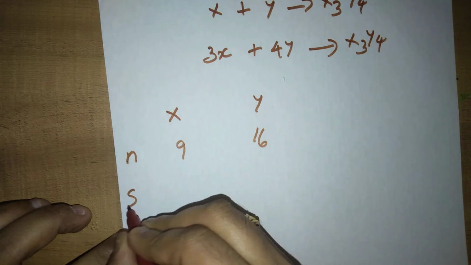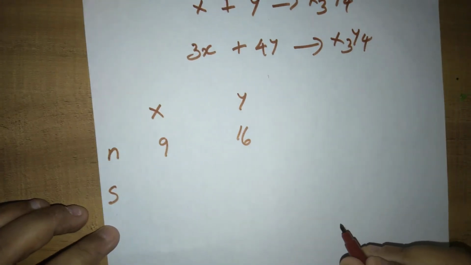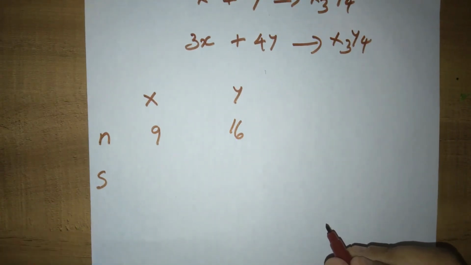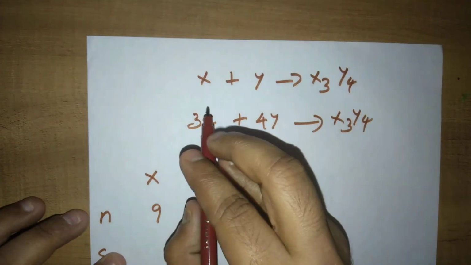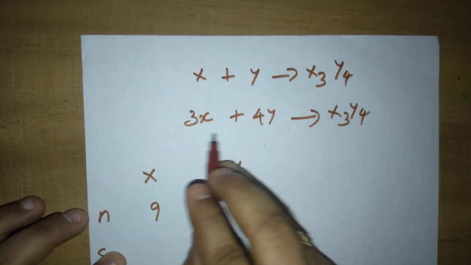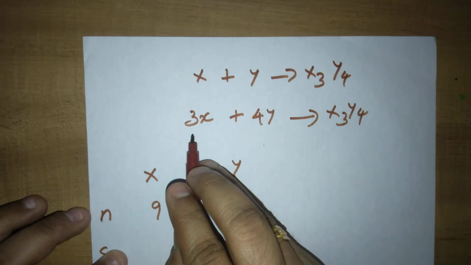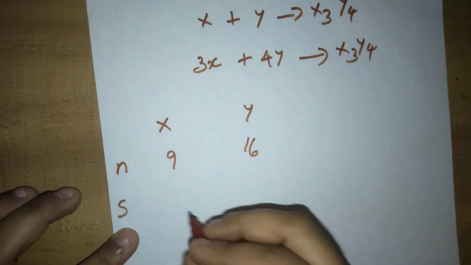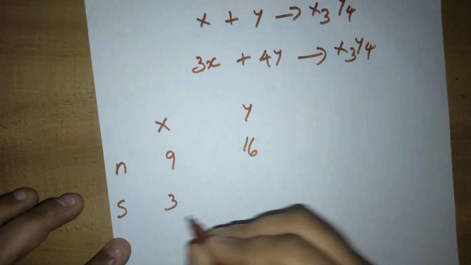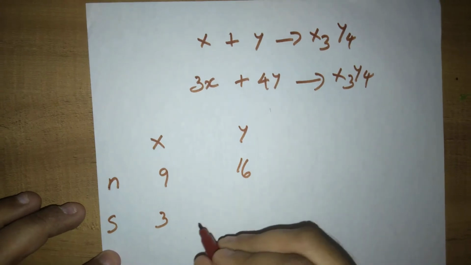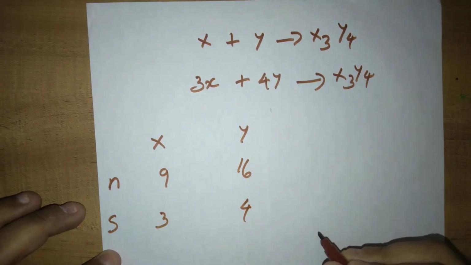Next we have to write the stoichiometric coefficients. What is a stoichiometric coefficient? In 3X plus 4Y, the 3 and 4 are the stoichiometric coefficients. 3 is the stoichiometric coefficient of X and 4 is the stoichiometric coefficient of Y.